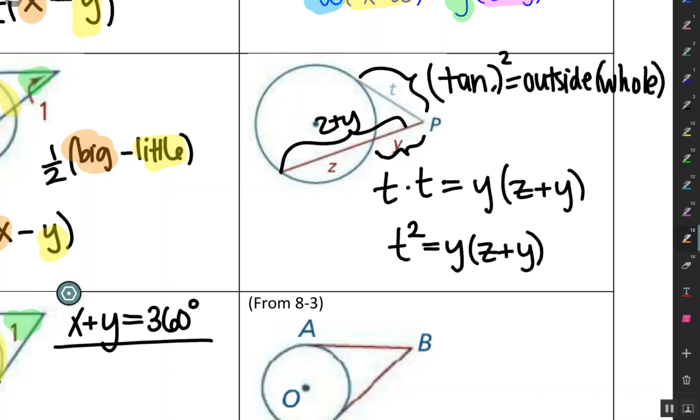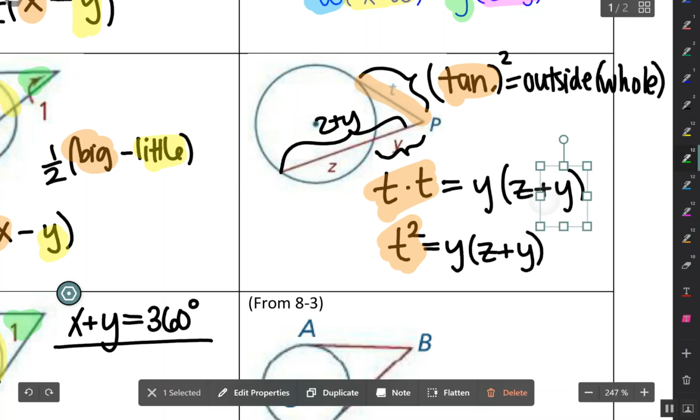All right, so we've got this piece, which is the t squared, the tangent, equals the outside, which is the y, times the whole, which is z plus y.